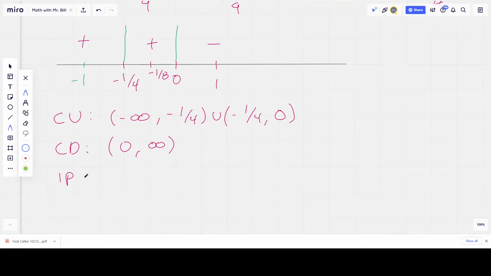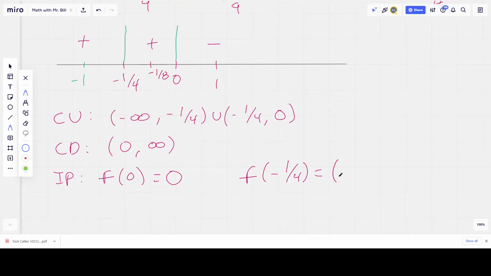And then our inflection points, well, we need to know what happens when you plug 0 into our function, and we also need to know what happens when we plug in negative 1/4 into our function. 0 is easy. It just becomes 0.